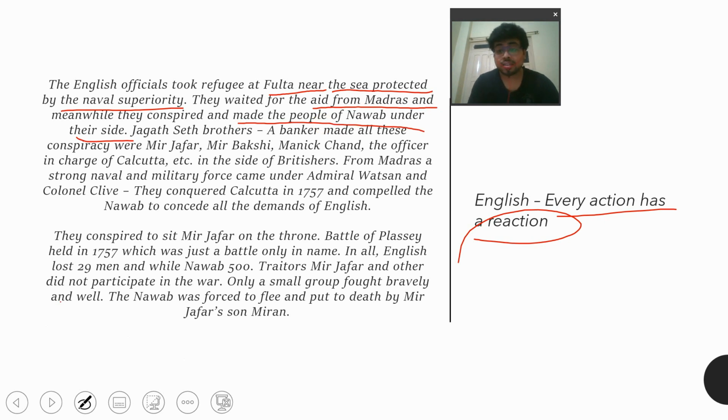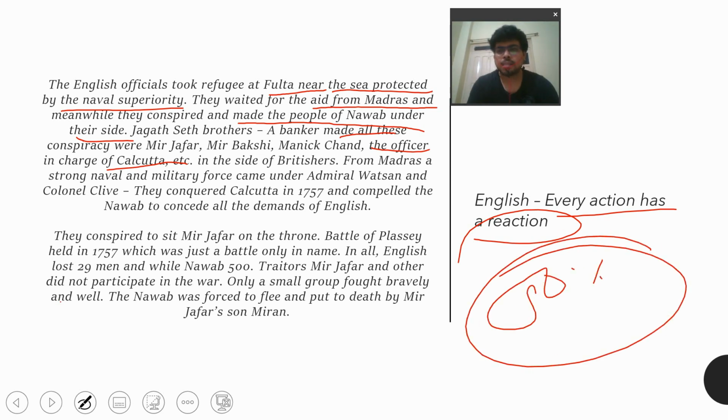As I already said, the Jagat Seth brothers, Mir Jafar and others colluded together and created corruption within Sirajuddaulah's force. The Jagat Seth brothers, bankers, made this conspiracy, where Mir Jafar, Mir Bakshi, and Manik Chand, the officer in charge of Calcutta, came over to the side of the British, and when the war was fought, more than 50% of the army backed off.